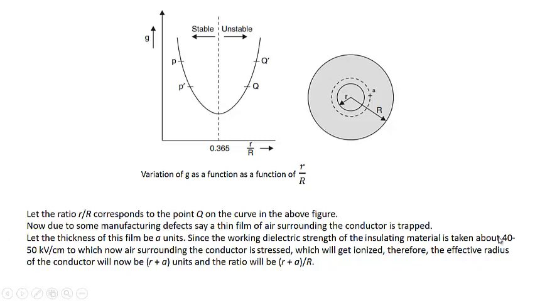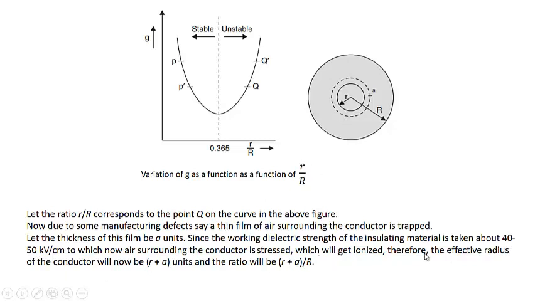So I have chosen 40 to 50 just to make you understand that its dielectric strength is greater than the dielectric strength of air. The air surrounding the conductor is now stressed. Since the dielectric strength of air is less compared to the insulation, it can bear only 30 kilovolt per centimeter. So here the voltage gradient is more, and it will be conducting now.